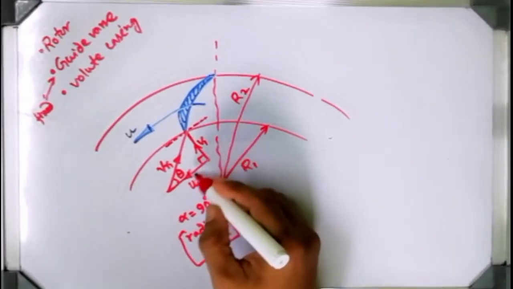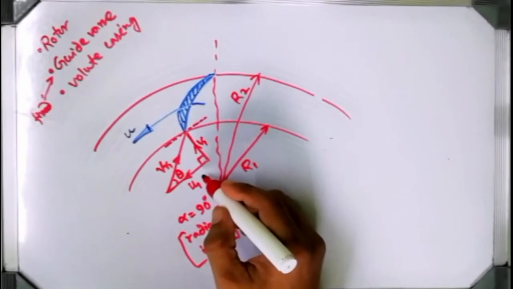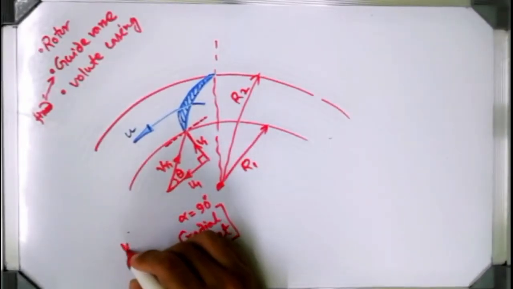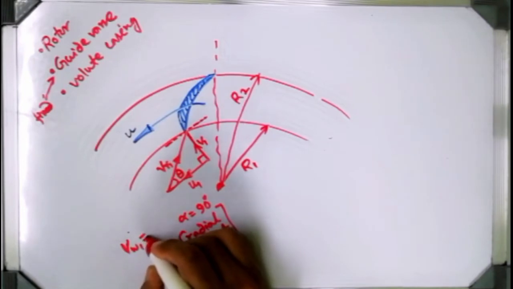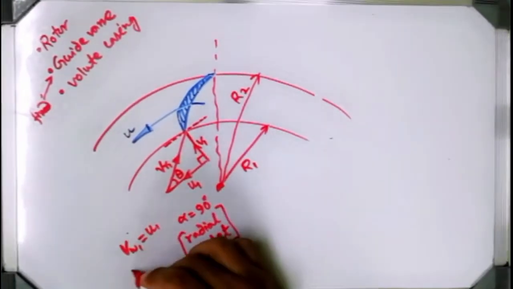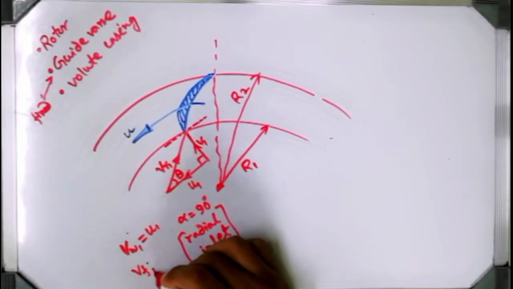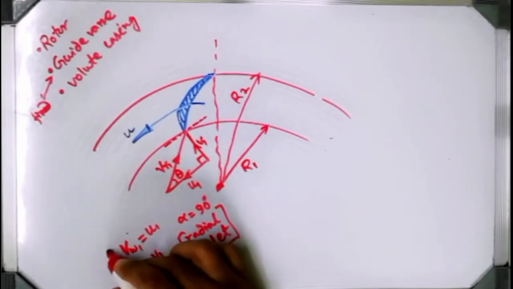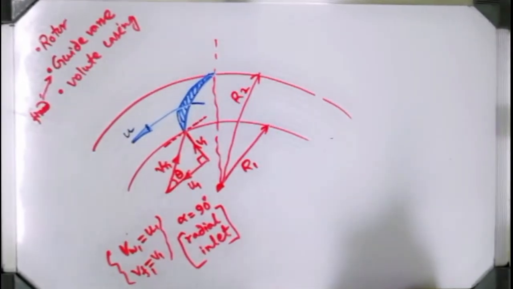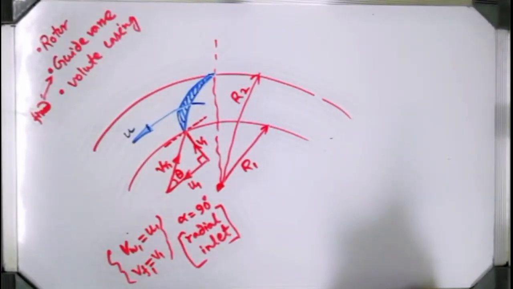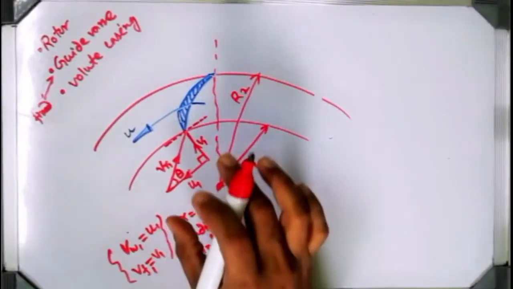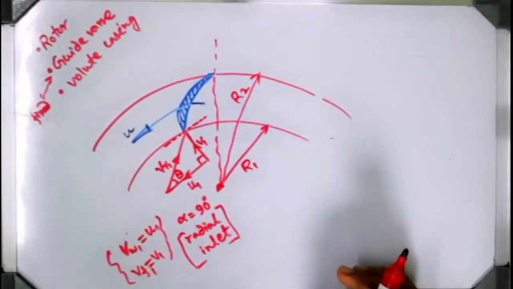Here you can see Vw1 and U1 are basically the same, isn't it? Vw1 and Vu1 are nothing but the same. And here Vf1 and V1 are also the same. That same kind of criteria we have considered in the case of the Francis turbine outlet diagram. So this will be the simple inlet velocity diagram for the centrifugal pump.